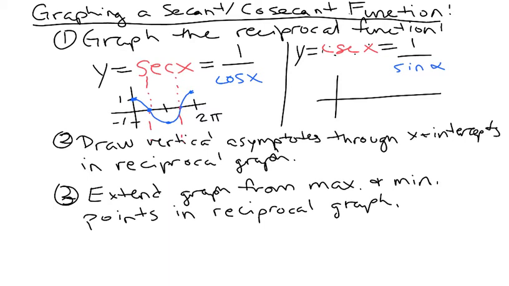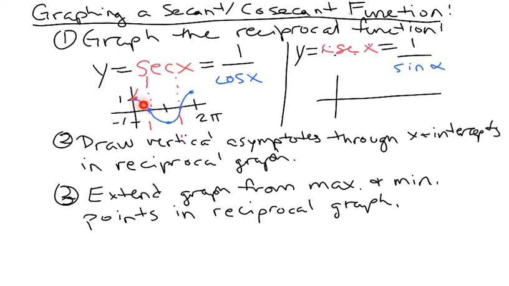Now, step 3, extend the graph from the maximum and minimum points in the reciprocal function. What I mean there is, well, here, let's go back to this secant x example. So I take this maximum point here, and as the cosine function approaches 0, so as the y value is something like 0.001 or so, 1/1000, things like that, the secant graph is the reciprocal, and the reciprocal of 1 over 1,000 would be 1,000.